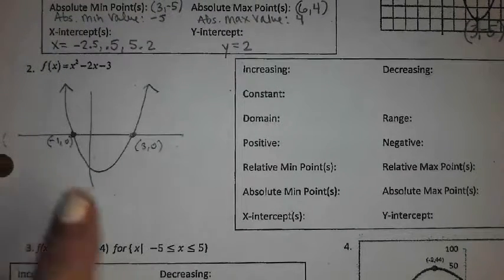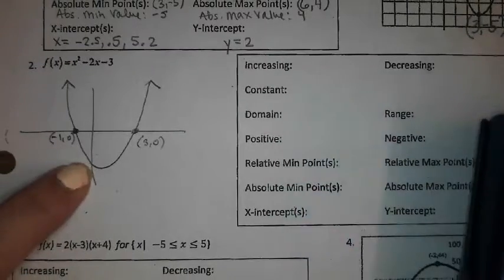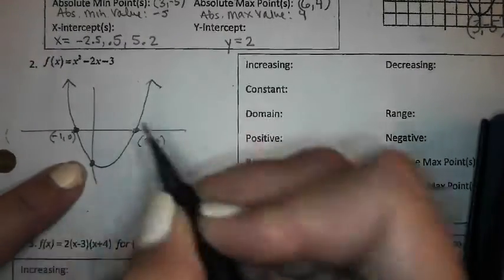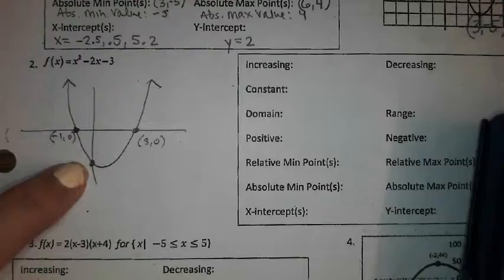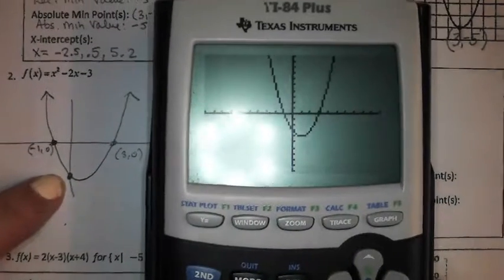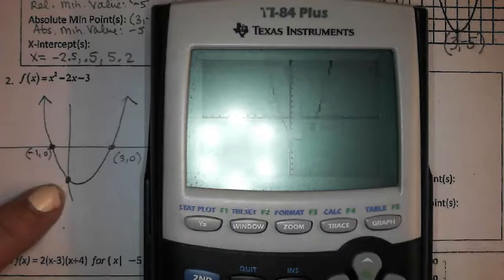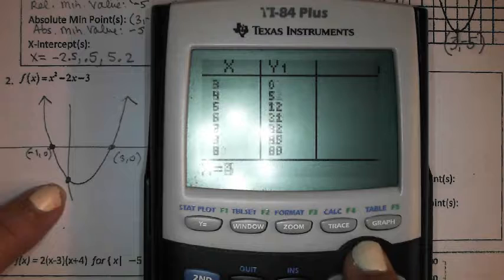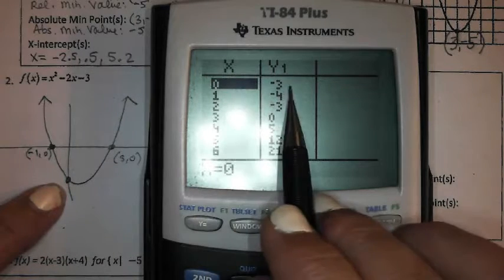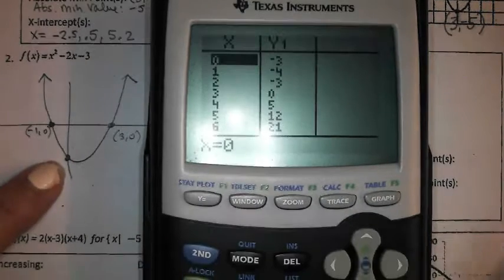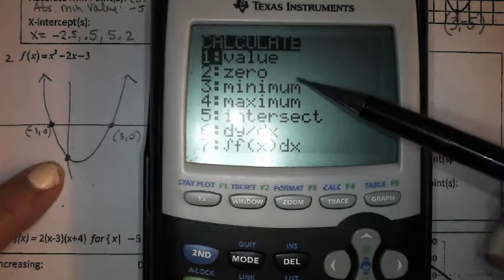All right, the next critical point, right here. Does anybody know how we find the y-intercept on our calculator? Yep. You can go to the table, and what would you be looking for on the table? When x equals 0. So there is one option. Okay? How about from your second trace menu?